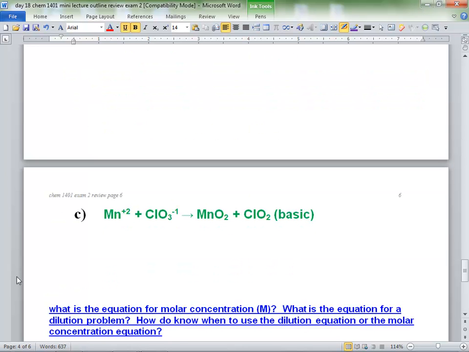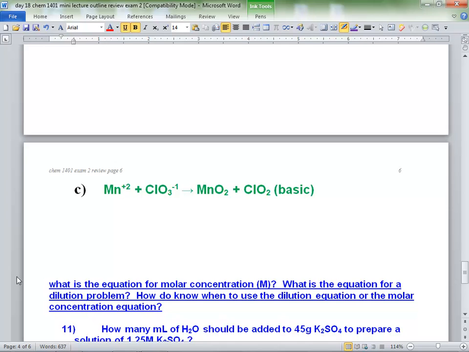Let's do this one. I don't think we've seen this one before, right? Let's try it. Okay, let's try this one. Break it into its half reactions. Oh, yeah. Use the terminology. Break it into its half reactions.